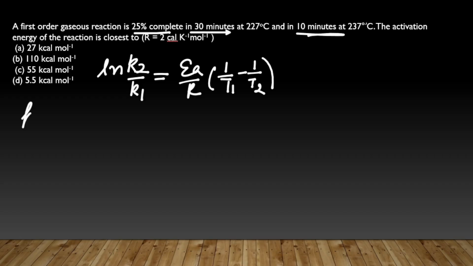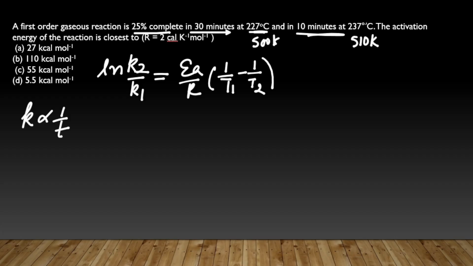We know that rate constant values are inversely proportional to the time. The more time the reaction takes to complete, the smaller the rate constant. So you can say one temperature is 500 Kelvin and the other is 510 Kelvin.